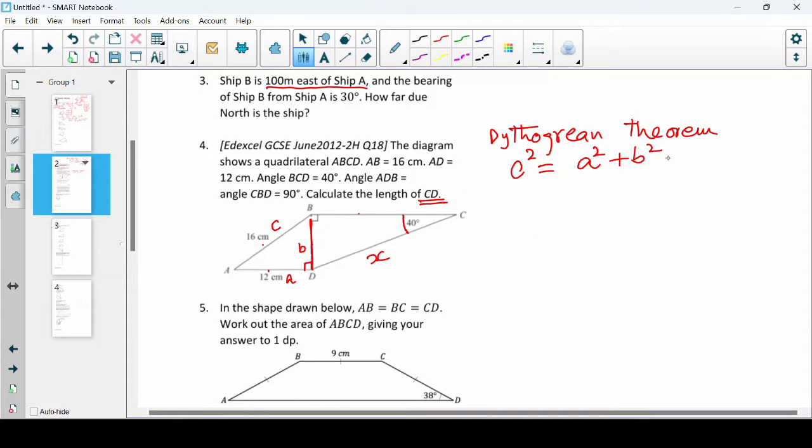So here B is not known, so we can find B as the square root of C squared minus A squared. Here C is 16, and 16 16s are 256, minus A squared, which is 12, and 12 12s are 144, in root.